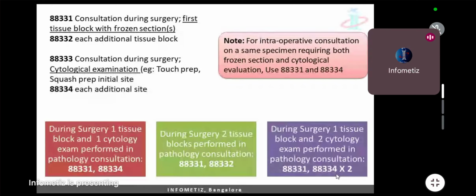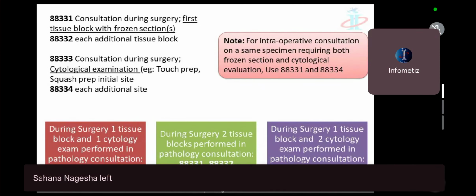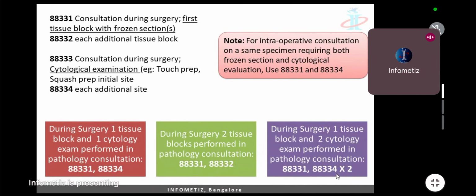Write this down at the top or bottom of your book: do not code or report 88331 along with 88333 for the same specimen. That is the important one, for the same specimen. It means for a different specimen we can code.